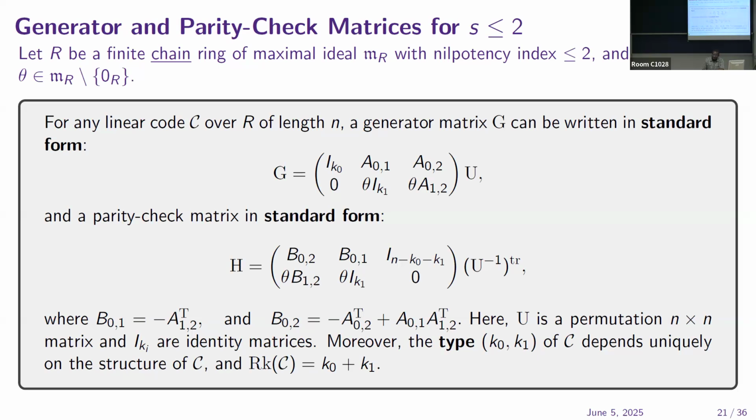The rank of C is K0 plus K1. And the cardinality of C can be expressed as follows.